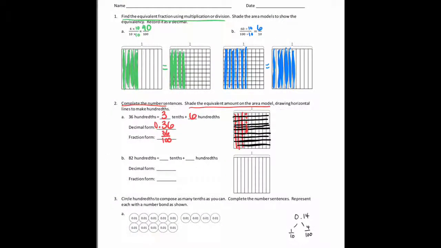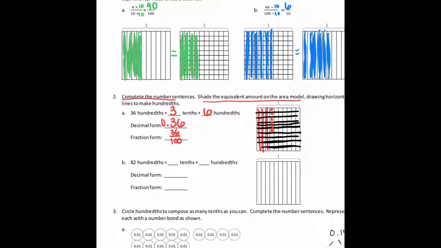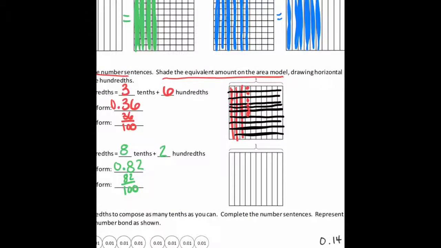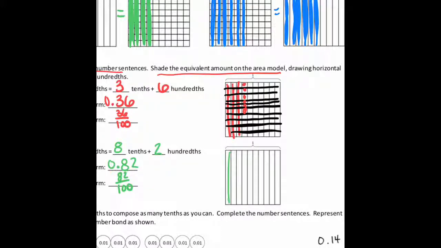Okay, on part B we have to do 82 hundredths, which will be the same thing as 8/10, and 2 hundredths, which as a decimal would be 0.82, and as a fraction it would be 82 over 100, or 82 hundredths. So I'd shade in 8/10. 1, 2, 3, 4, 5, 6, 7, 8.